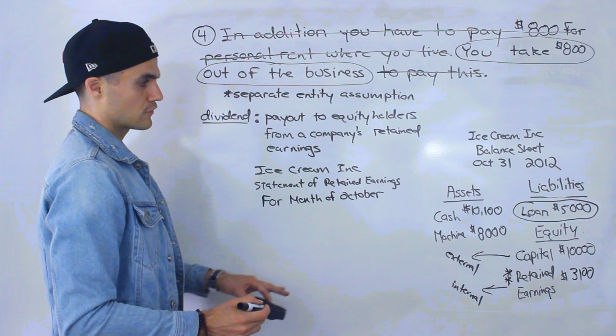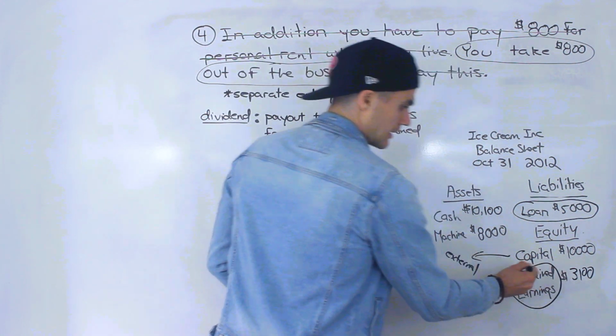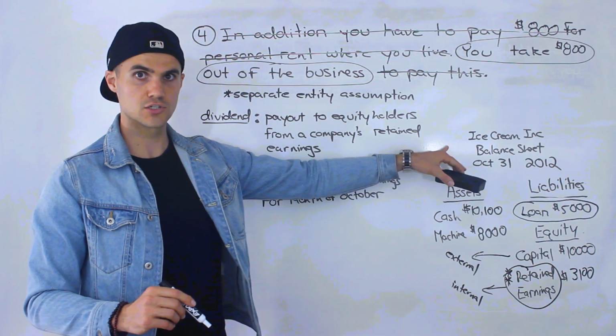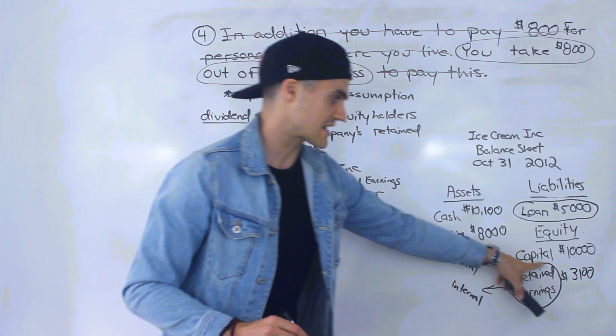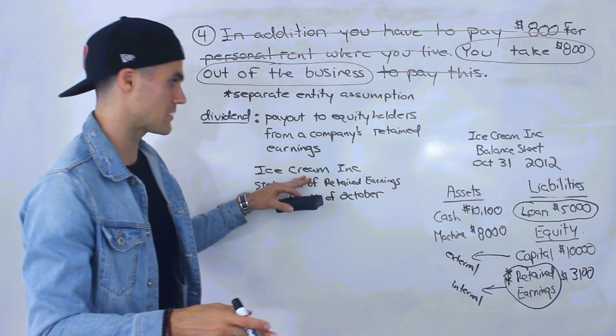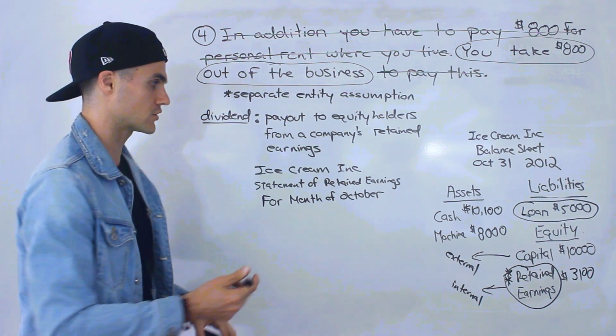Now I want to differentiate. Retained earnings is part of the balance sheet. So this account here is a single point in time, but the statement of retained earnings of how it changes is for a period of time, for the month of October.